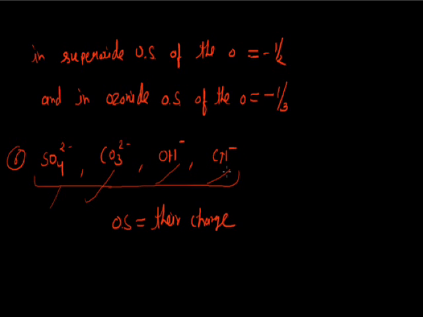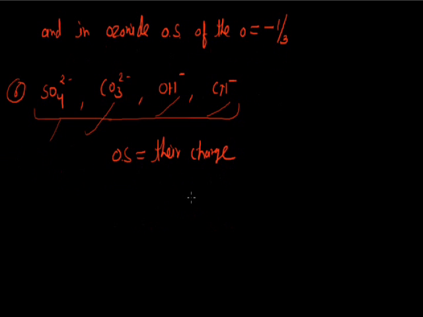Now, with the help of each rule, we are finding the OS of some compounds. For example, we take potassium dichromate, that is K2Cr2O7. We underline the Cr, and now we are finding the OS of Cr.